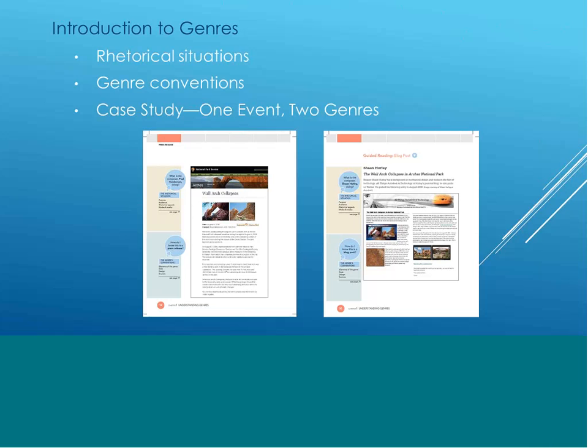How do these two different writers establish their ethos? And what was interesting in looking at how an event can be presented in multiple genres, one student recently wrote and said it would be interesting to look at the events in Ferguson and how that could be represented in different ways through different genres.